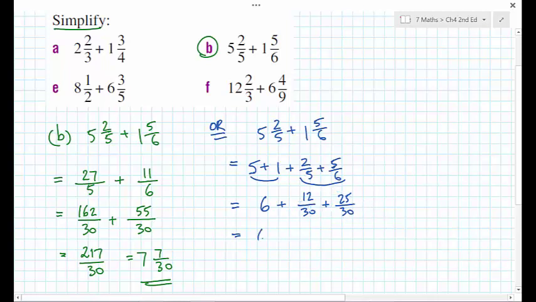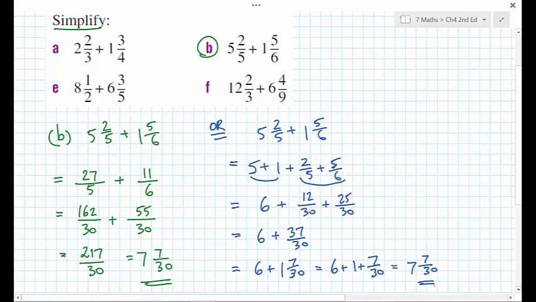So I have 6 plus 37 on 30. If I simplify that down, that's 6 plus 1 and 7/30. So that's 6 plus 1 plus 7/30, which is 7 and 7/30, giving us the same answer.